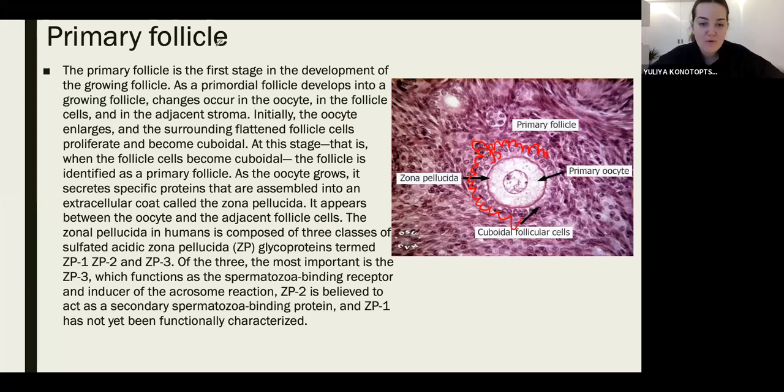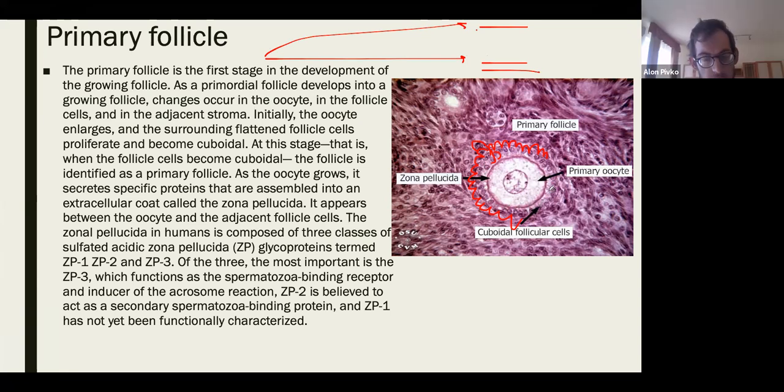So again, the primary follicle has two stages. In one stage, there is simple cuboidal epithelium, and in another stage, it's stratified cuboidal epithelium. So which cells are here? How do you call them at first? Simple cuboidal, well, we call them follicular cells.